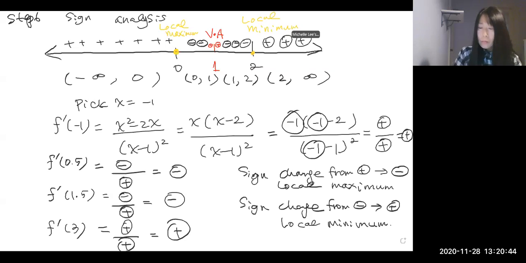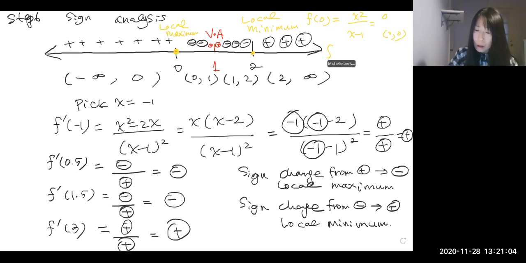Now, if we plug into the original function, x squared over x minus 1, then when x equals 0, we get y equals 0 as well.